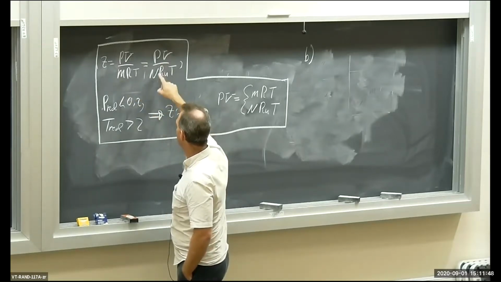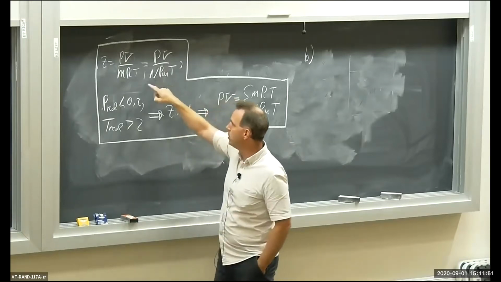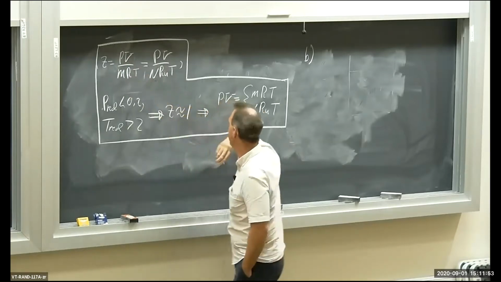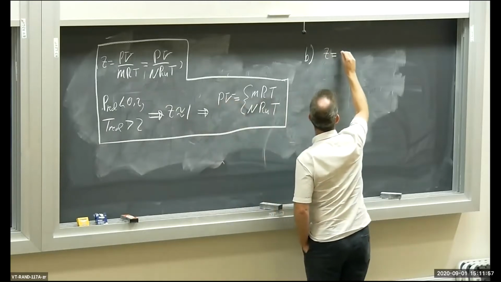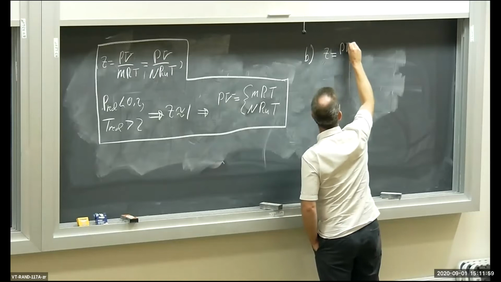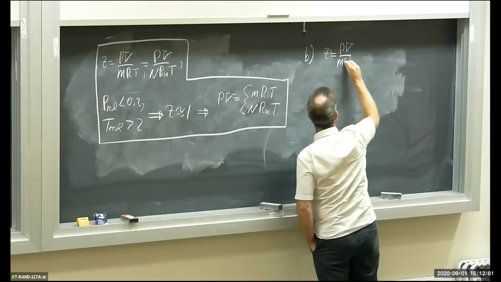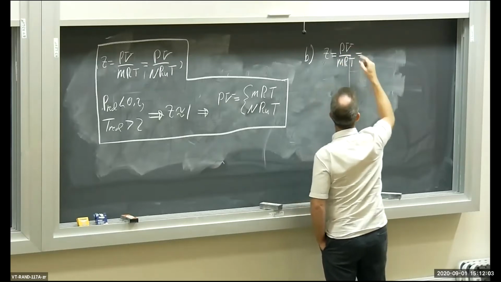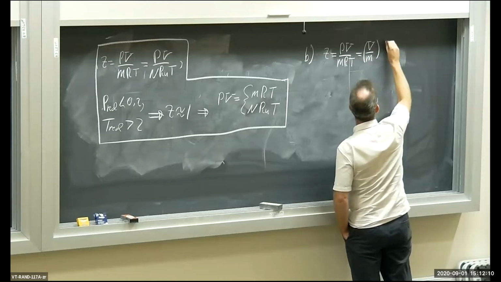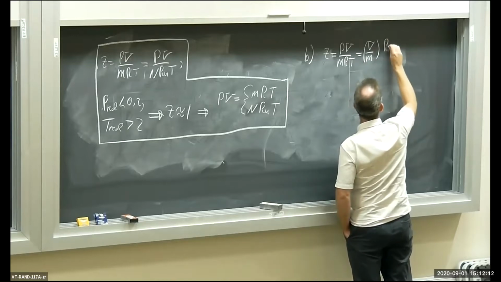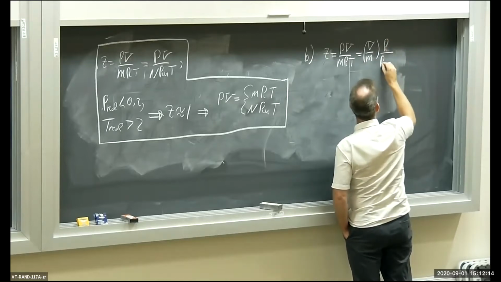Specific volume is not volume divided by the number of moles, it's volume divided by mass. So I'm going to write that first equation. I'm going to write Z is equal to PV over M RT, and then I'm going to group the volume and the mass together, and I get volume over mass, and then I have P over RT.